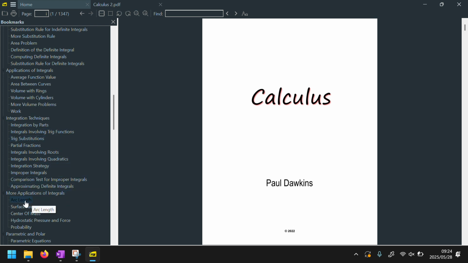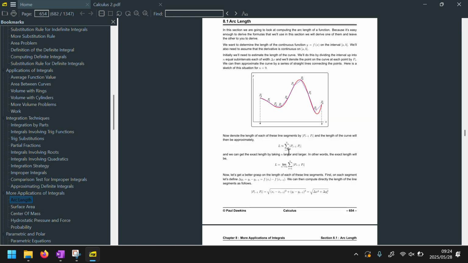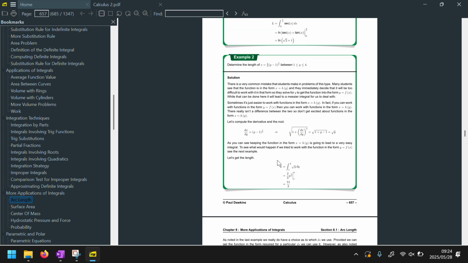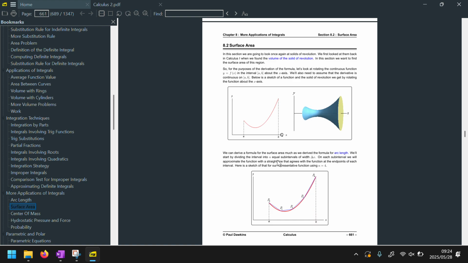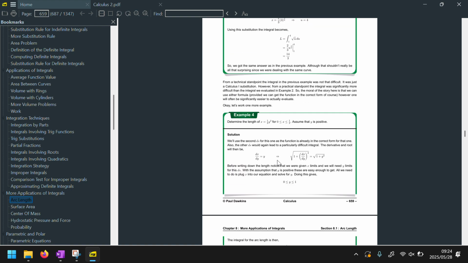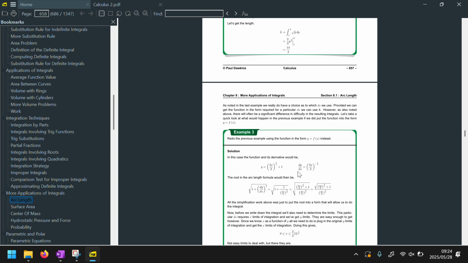Arc length over here. So go to Calculus 2 in the Learn page, and then you go down to arc length. There's some more questions here. There's another 4 you can go through. So Stewart textbook for the tutorial, and then Calculus 2 for the extra work if you need.